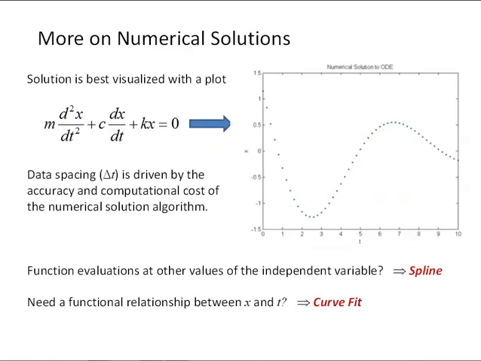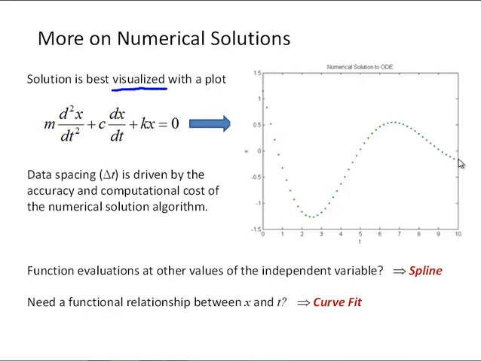Now, with those discrete numbers, it's usually difficult to understand what's happening with the solution, so we'll generally visualize the numerical solution to a differential equation with a plot. So here's a plot of the solution to that same differential equation, showing those discrete values.